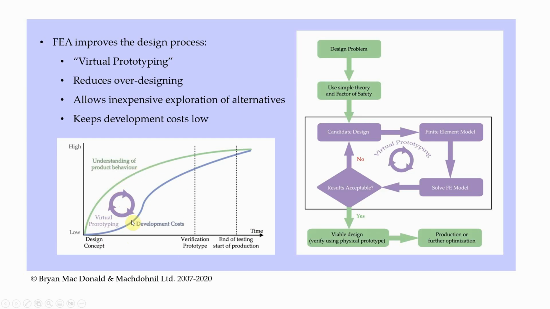So this graph is almost a flip of the previous graph. In this case, our development costs stay low, and our understanding of the product behavior is high early in the process. It's only later on in the process that our development costs get high. So it's almost the exact opposite of what we had before for the traditional build and break cycle.